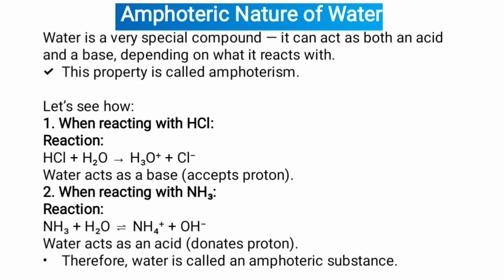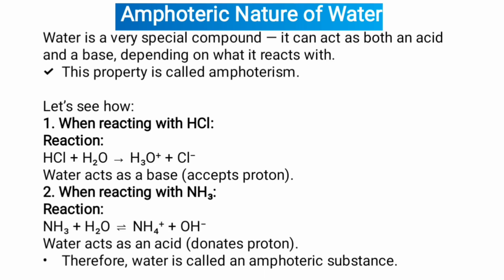Amphoteric nature of water. Water is a very special compound. It can act as both an acid and a base depending on what it reacts with. This property is called amphoterism. Let's see how. First one, when reacting with HCl: HCl + H2O gives H3O+ + Cl-.